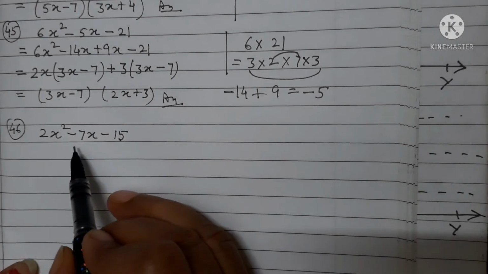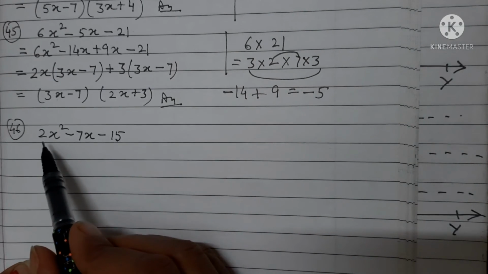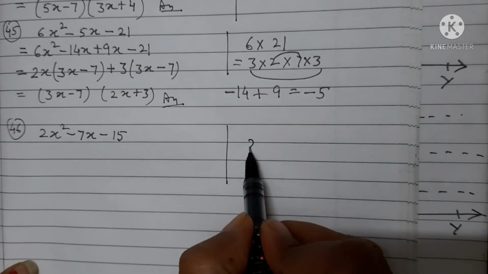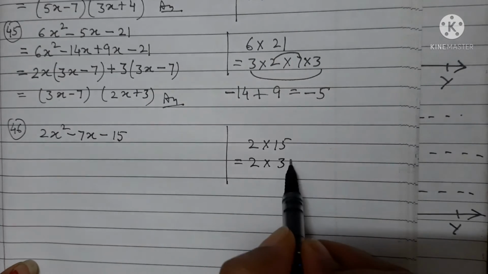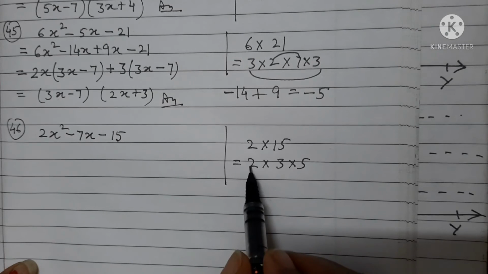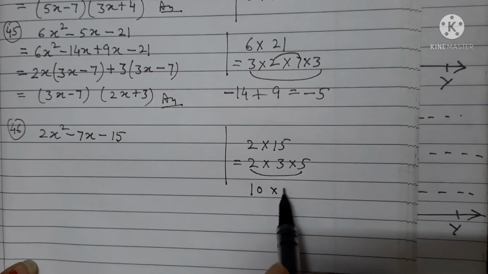Now split the middle term, minus 7, into 2 parts, so the sum will be minus 7 and the product will be 2 into minus 15. 2 into 15, you can write as 2 into 3 into 5. So 5 2s are 10, and 10 minus 3. This and this. Here 10 into 3.